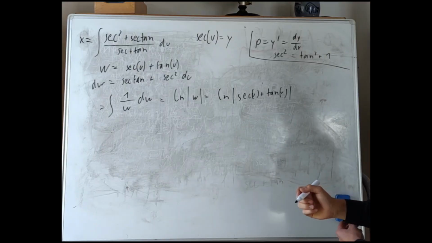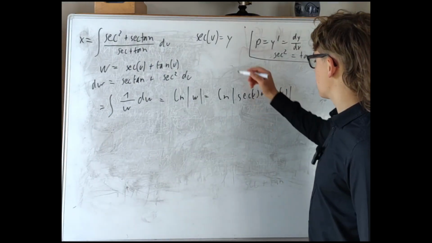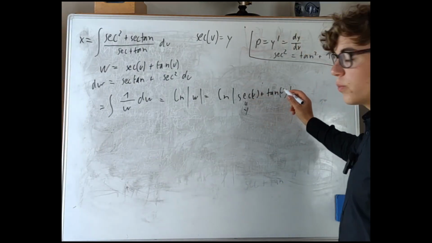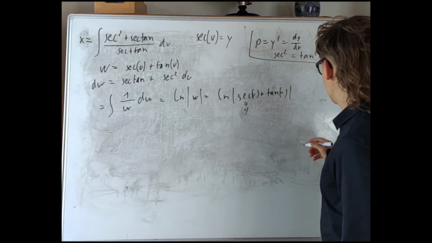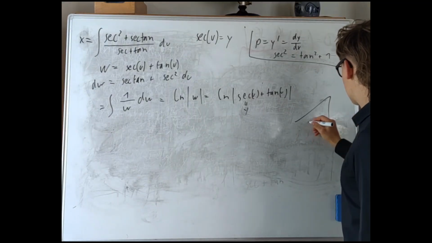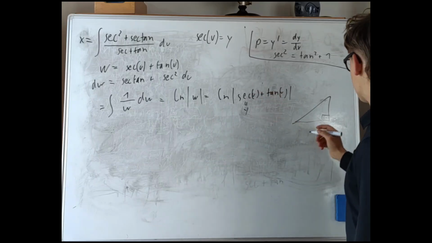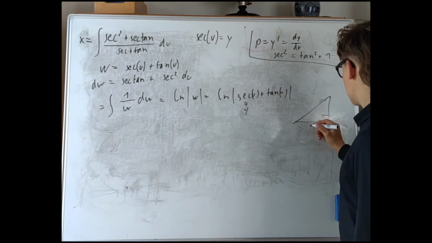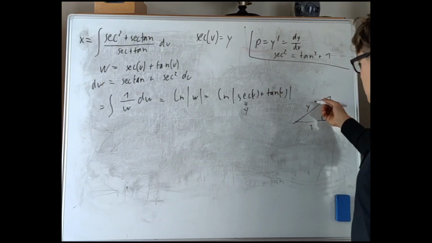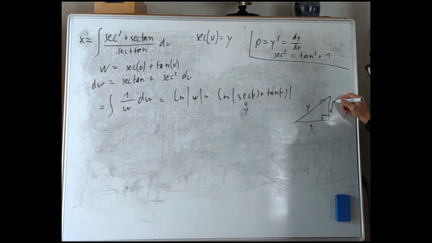And of course this is equal to y, we know that, but we want to figure out what tangent u is equal to. So let's do a triangle real quick. We know that secant u is equal to y, so this means hypotenuse over adjacent is equal to y. The opposite is now the square root of y squared minus 1.